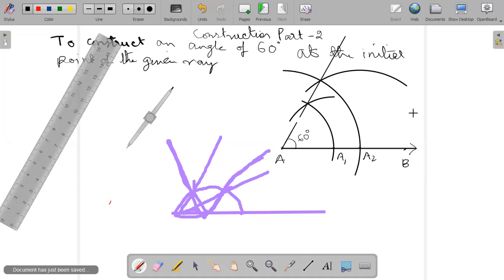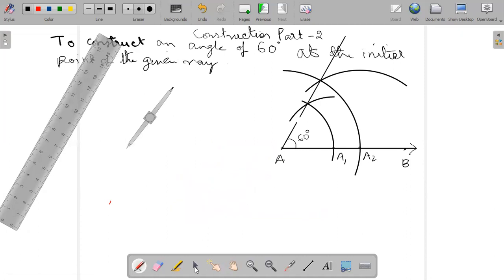Suppose we need 120 degree. So let me show it. I'll extend it to 120 degree. Suppose this angle is 60 degree, but we have to draw one of 120 degree.